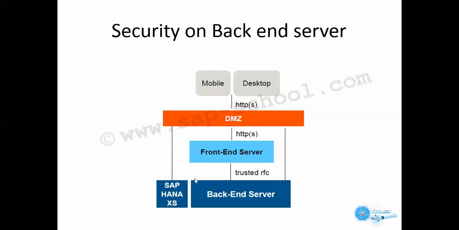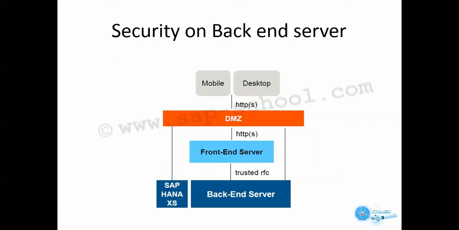For search in the SAP Fiori Launchpad, fact sheets also send INA protocol based search requests from the client to the backend server. So in case of the Fiori Launchpad fact sheets, the search request will be going from my DMZ directly to my backend server through the INA protocol based search request.